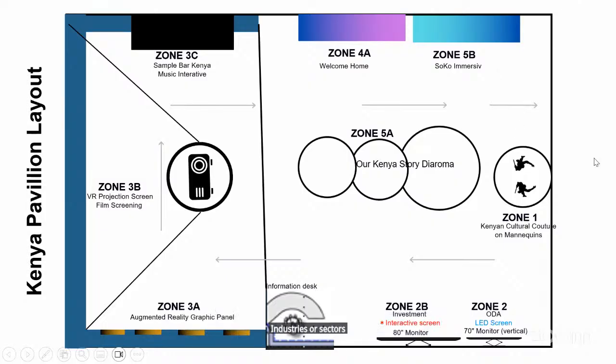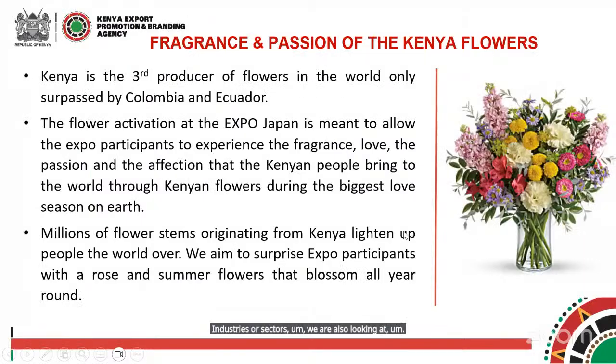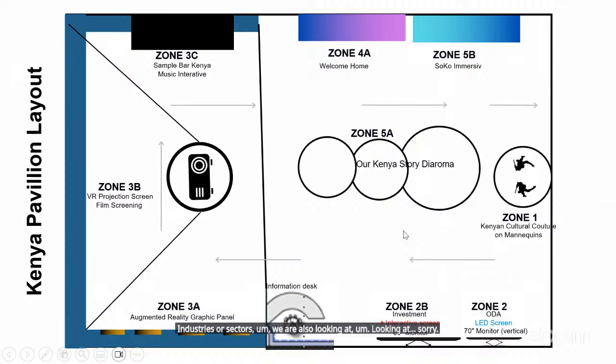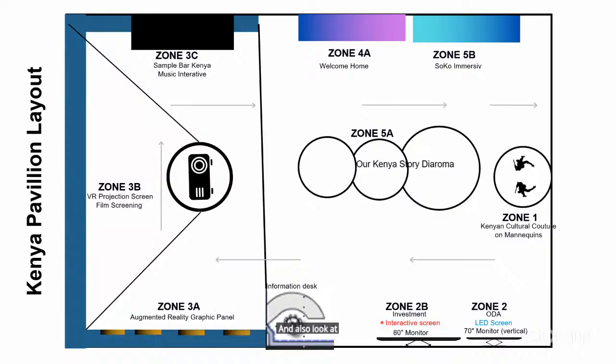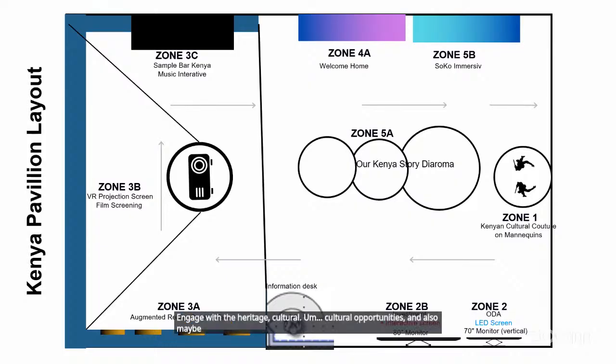We are also projecting a lot of the content on the screens that are provided, and also provide an interactive platform where visitors can engage with the heritage, cultural opportunities, and also maybe sample some of the products that we have in the pavilion.